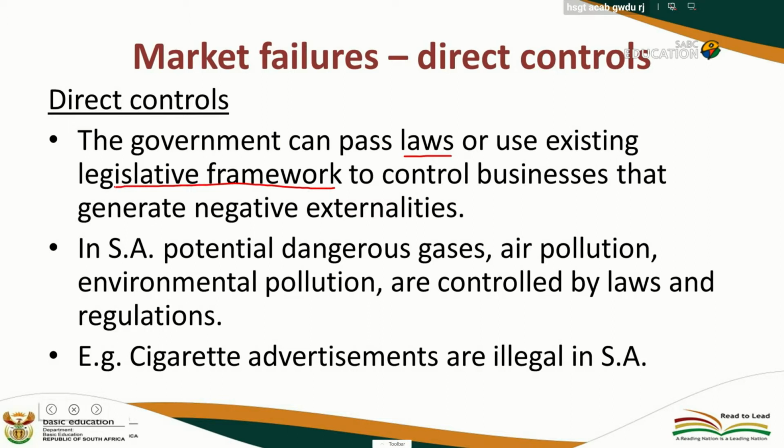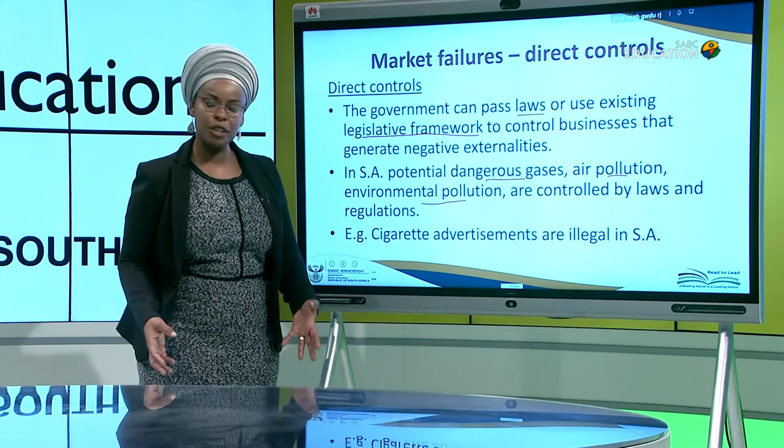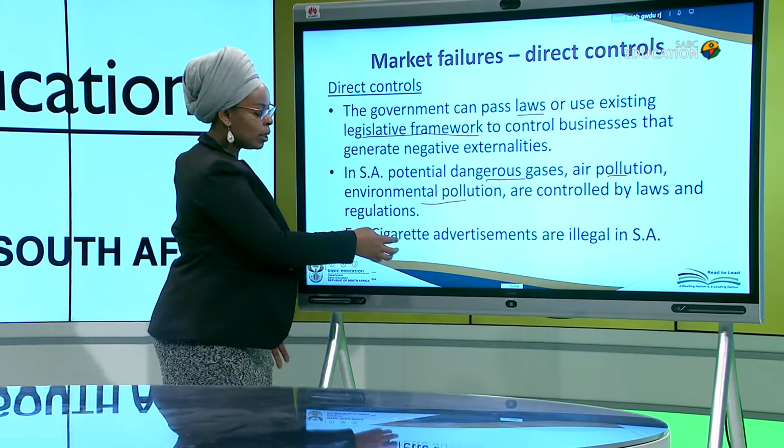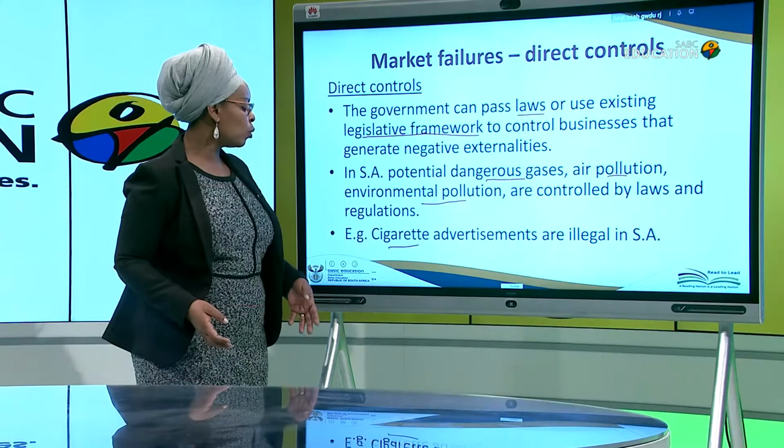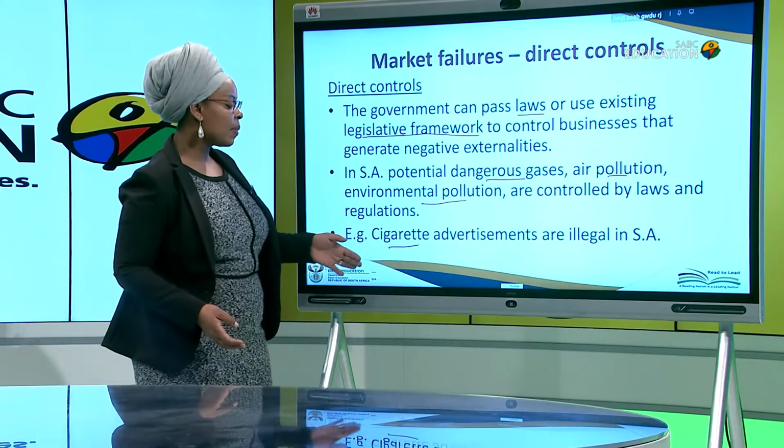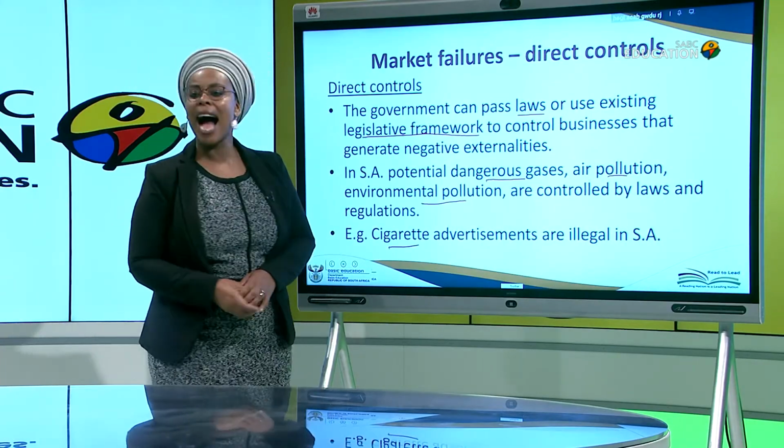In South Africa, potentially dangerous gases, air pollution, and environmental pollution are controlled by laws and regulation. And again, we know that cigarettes are harmful for the health of the smokers and even those who are not smoking. So in South Africa, cigarette advertisements are illegal.